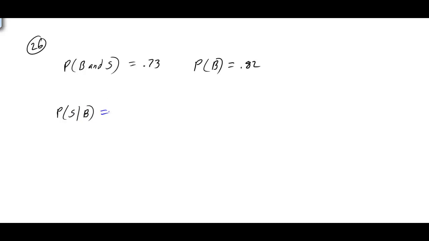Now remember, the formula for this is we need to look at the probability of swim and bridge. Keep in mind the notation I use: this symbol is and, this one would be or, and of course our line here means given.